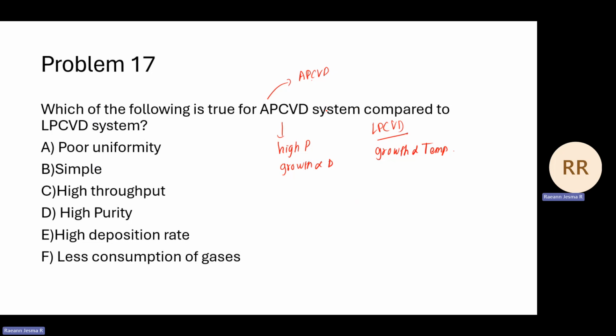It's a multiple choice question. Multiple answers are correct. Yes, high throughput is correct.